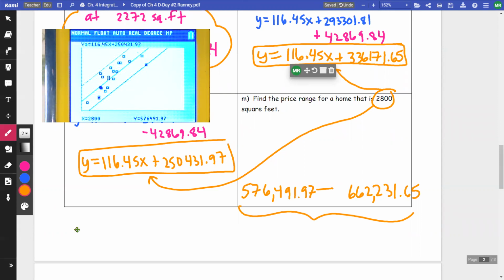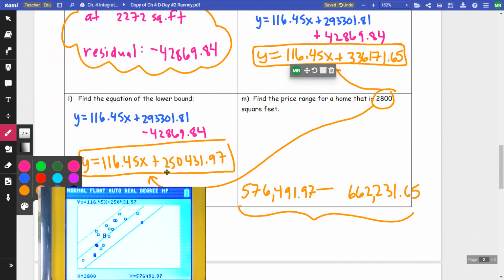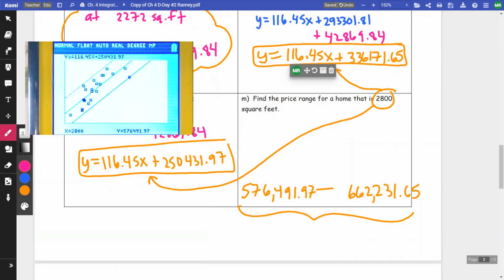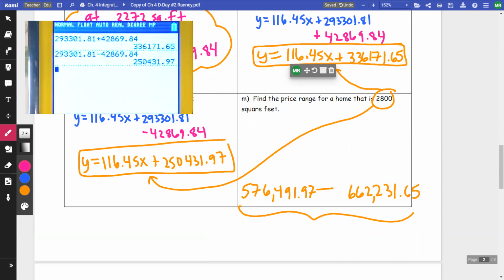Now, if you don't want to do that on your calculator, then what you can do is put it into these two equations. So let me go to a normal screen on my calculator. I'm going to take 116.45 times 2800 plus 336,171.65. And when I put that in, you see I got that same answer I had for my upper bound.